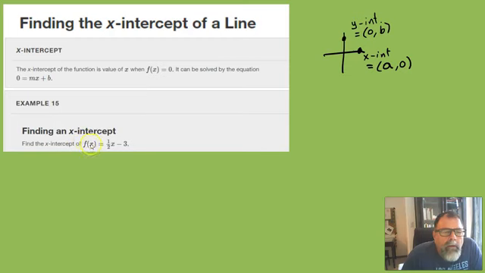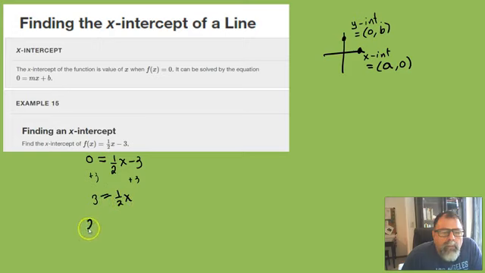Another term here is we want to find the 0 of the function. What x value makes f of x equal to 0? So we put 0 in for f of x and solve it for x. So you're going to add 3 to both sides, or just move it, change the sign, remember that shortcut.